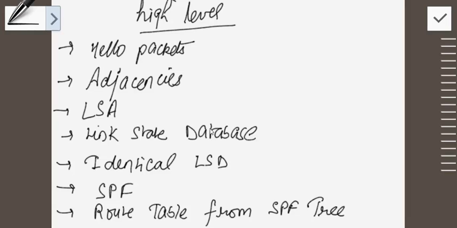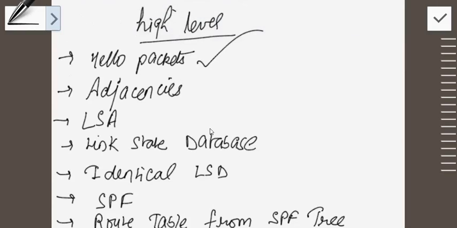They send hello packets, which are the basic first packets they need to exchange on all OSPF enabled interfaces. If two routers sharing a common link agree on certain parameters inside the hello packets, they become neighbors.